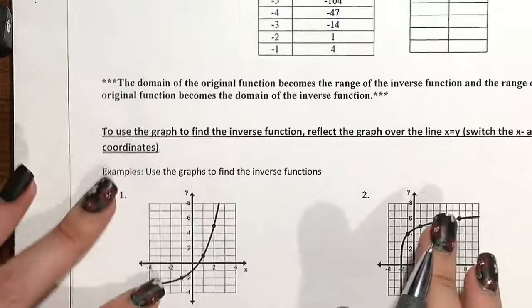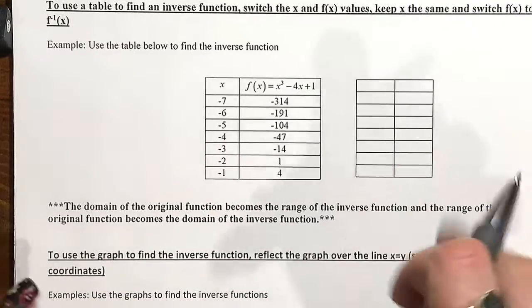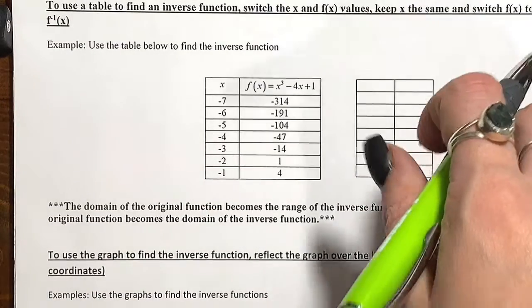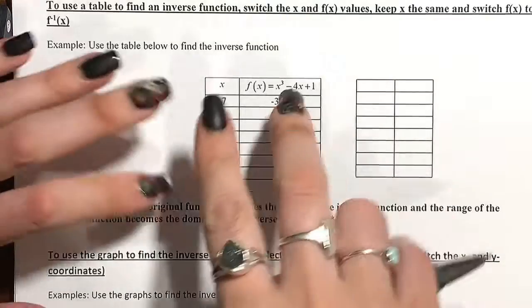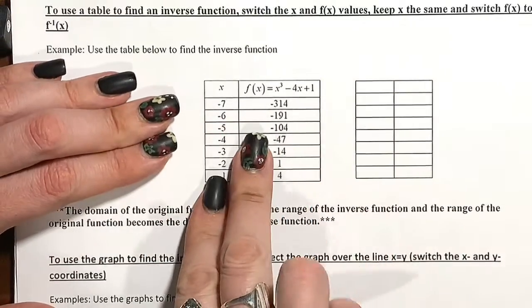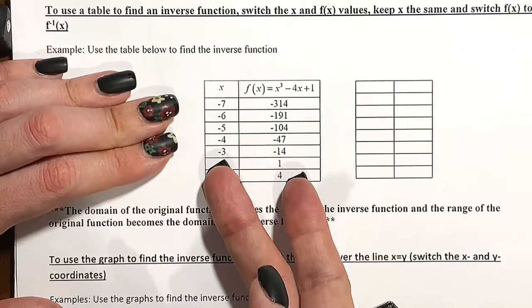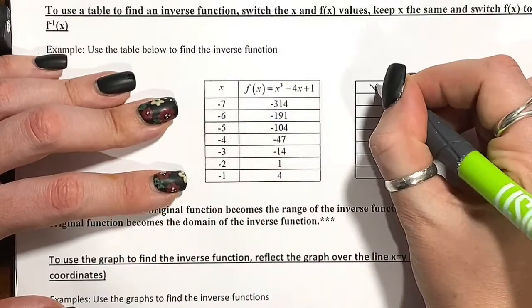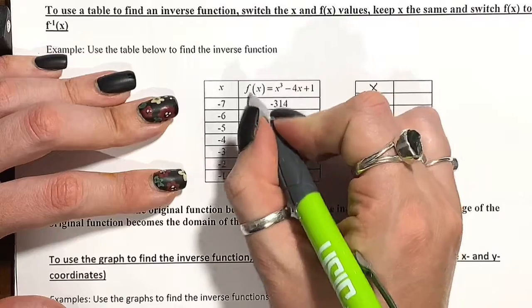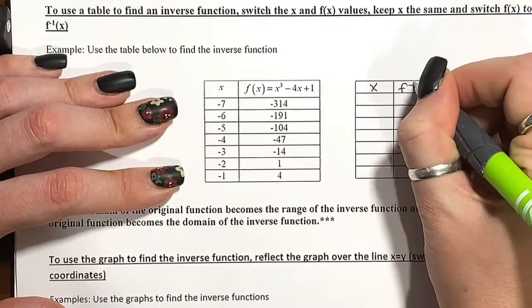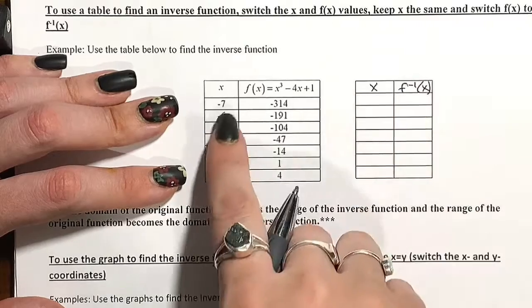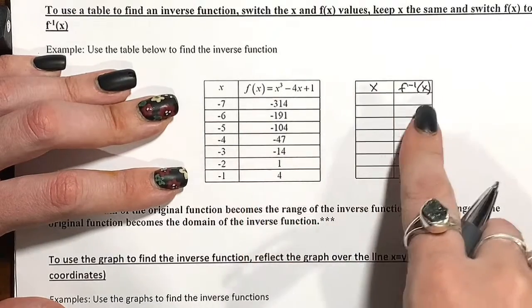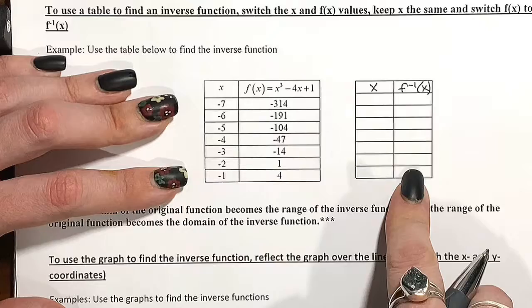You'll also get a couple questions with tables and graphs, but again, I think these are the easier versions. If you're given a table and they want you to find the inverse, remember, inverse is you just flip your x and y. So if this is x and this is f of x, this is now going to be f inverse. So just make sure you get your notation right. We need that little -1. But the x column is now going to be my inverse y column.